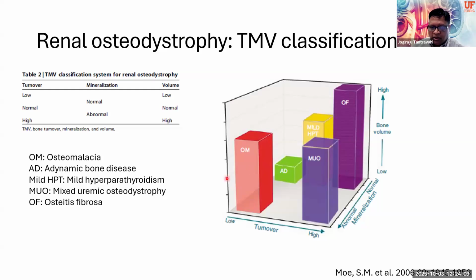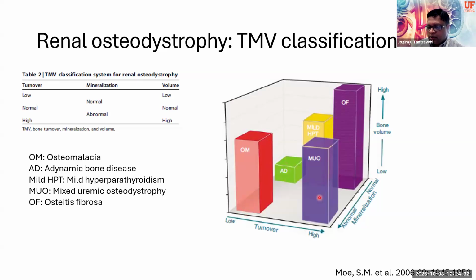So, for example, osteomalacia has low turnover, but also decreased mineralization. Adynamic bone disease again has low bone turnover, but also low bone volume. So these people, we have to do what we can to try to increase the bone volume.